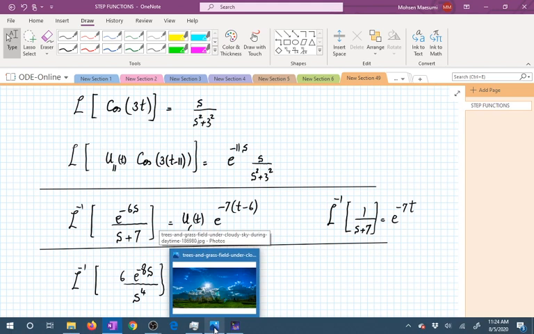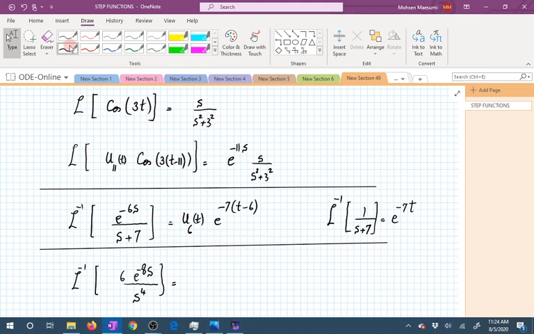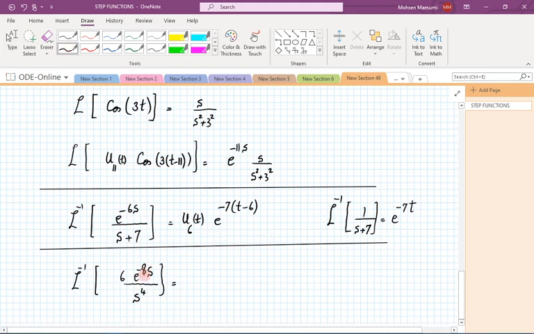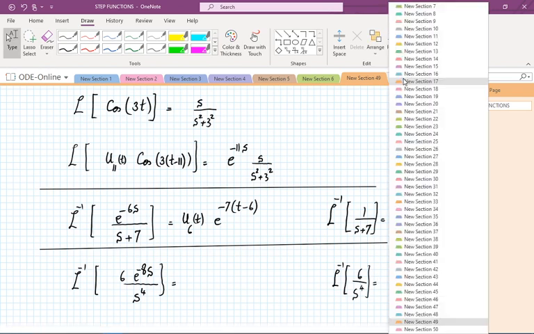So what do we do? We set the exponential aside, and we ask ourselves for the rest of it: the inverse Laplace transform of 6 over s to the 4. You remember what that one is? It came from some kind of polynomial. Let's go back.